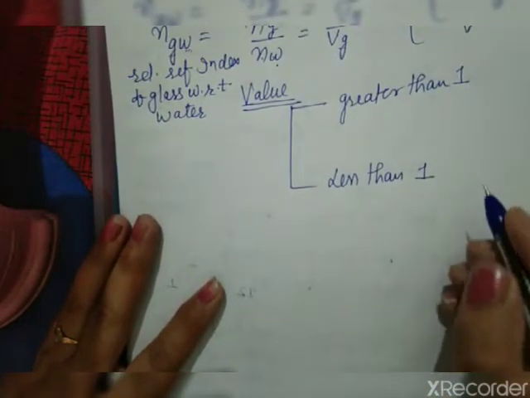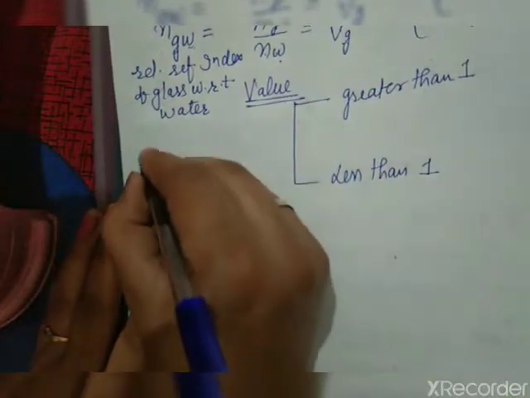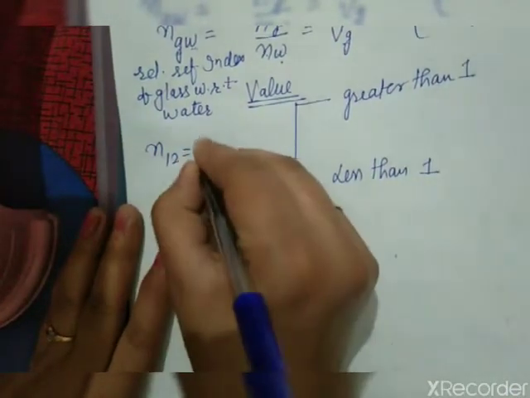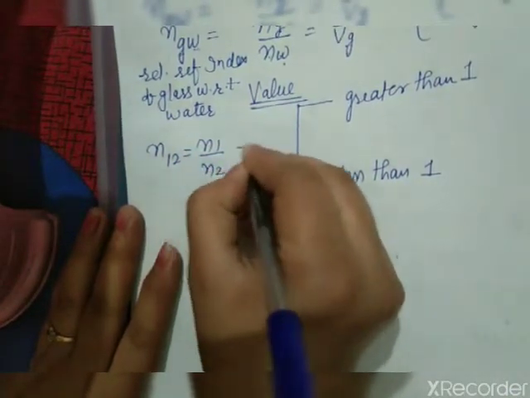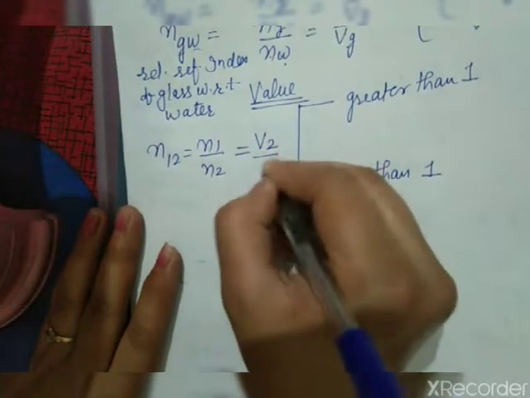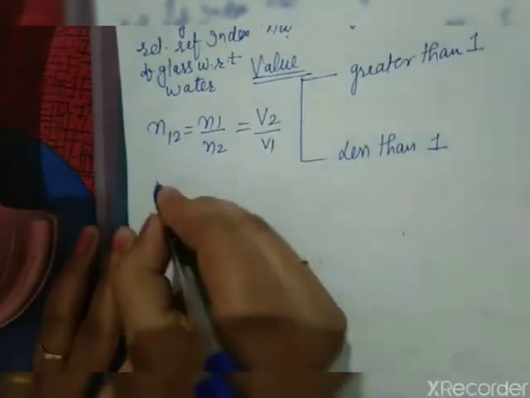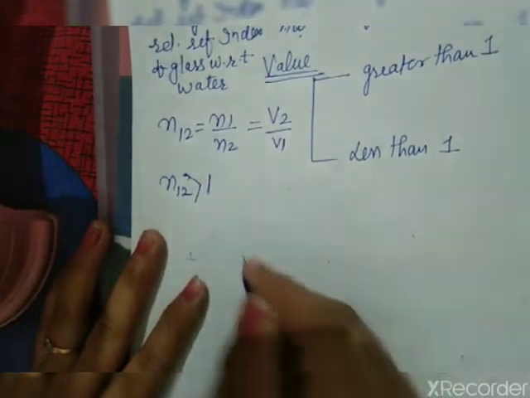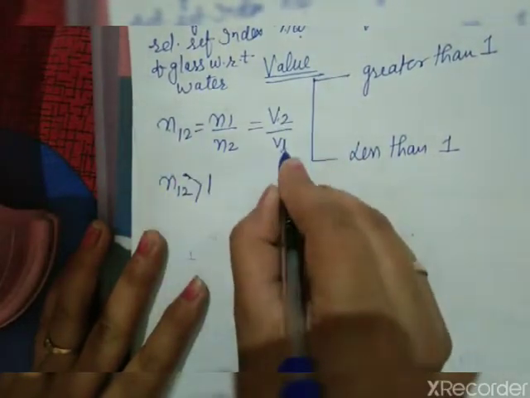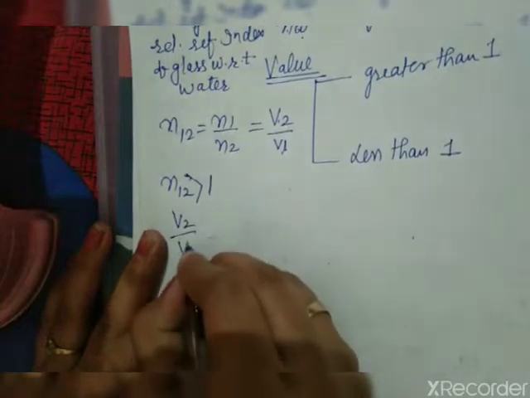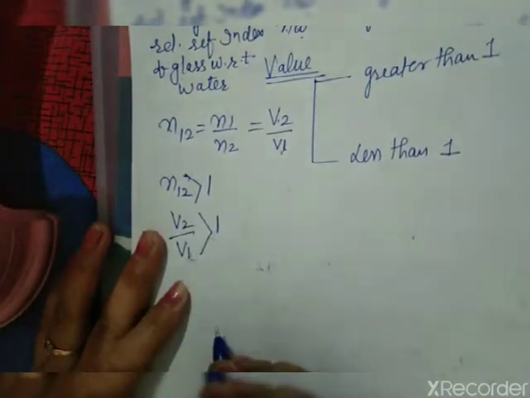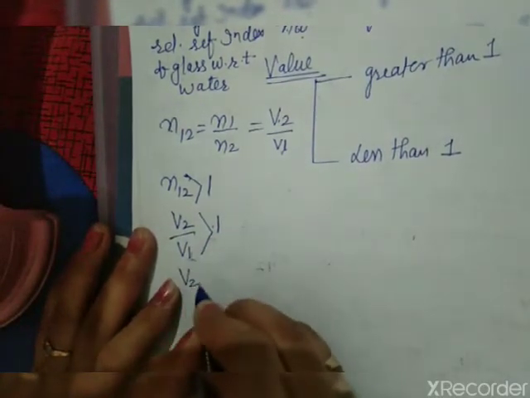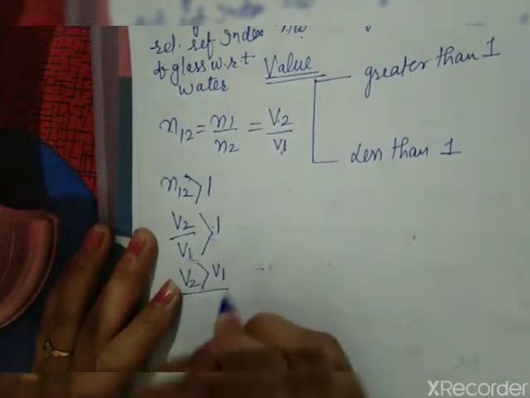Both are possible cases. If I am saying that n12, that is equal to n1 by n2, which is equal to V2 by V1. If I am saying that n12 is greater than 1, what does it mean? V2 by V1 is greater than 1. Yes, it means V2 is greater than V1.